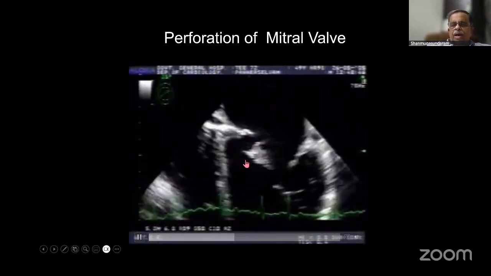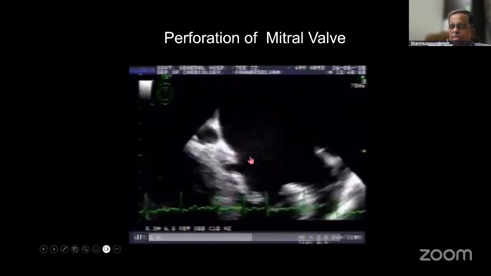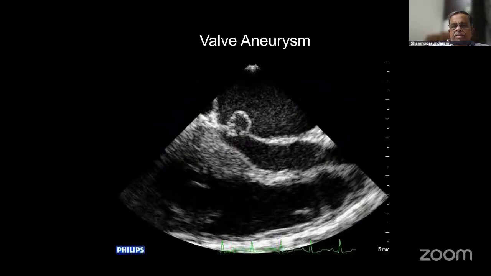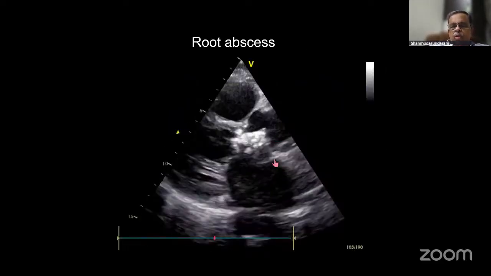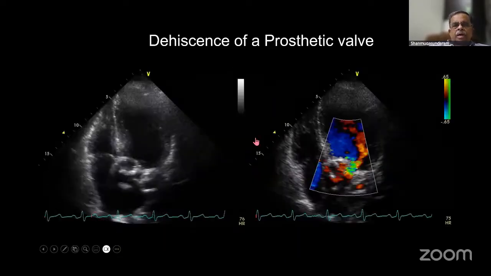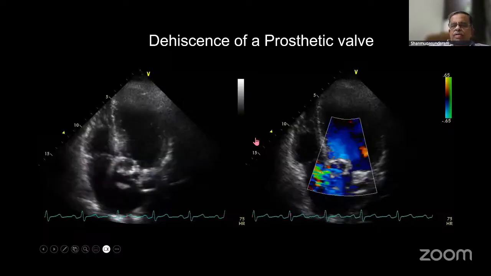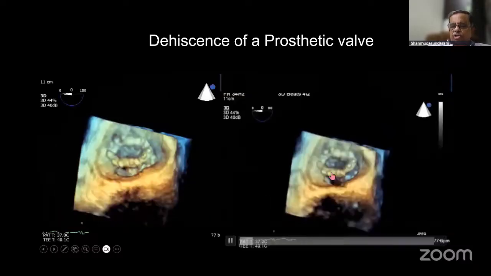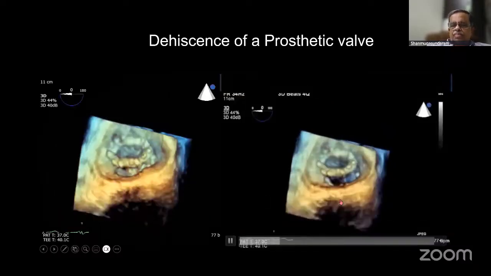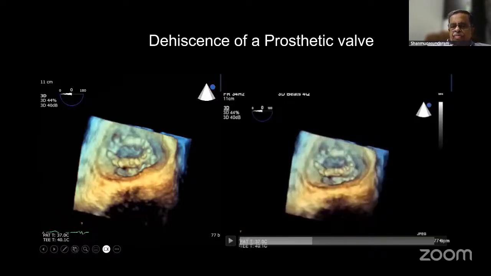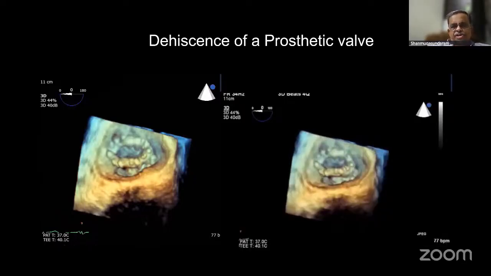You see the ruptured basal portion of the anterior mitral leaflet. This is an aneurysm of the anterior mitral leaflet. This is a root abscess in a patient with aortic valve endocarditis. This tells you how the prosthetic valve sewing ring can get detached from the sutured site, the so-called dehiscence of the prosthetic valve. This also motivates you to consider early surgical intervention.